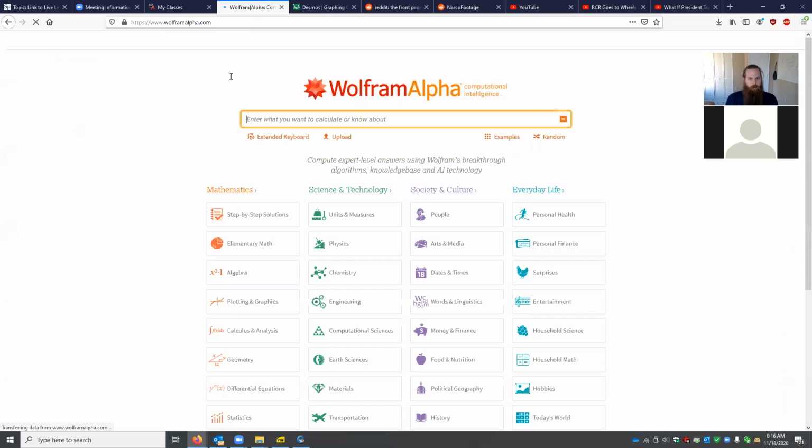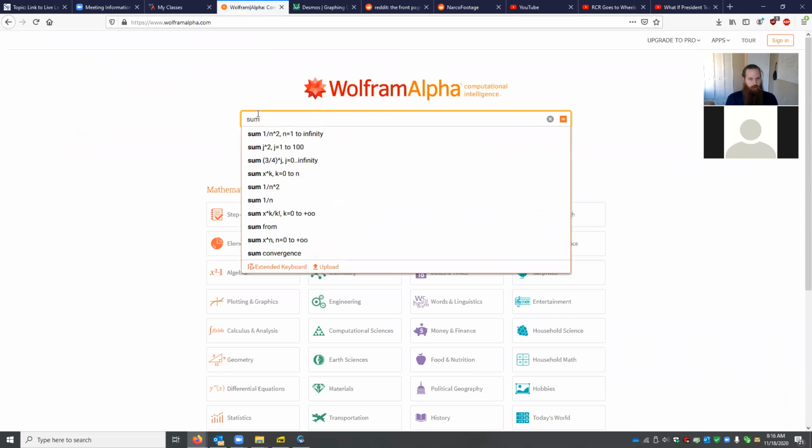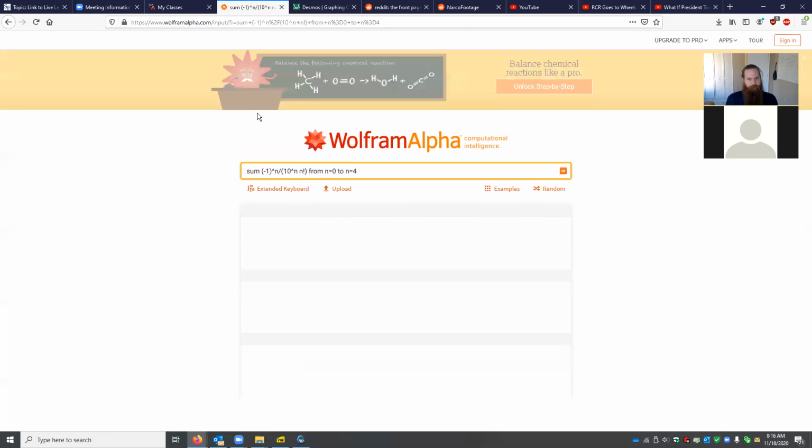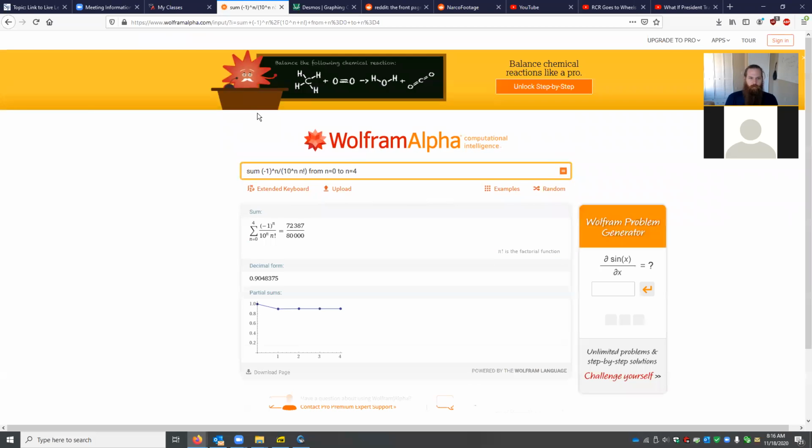It's a little better at these sums. So you can say I want to sum (-1)^n / (n^n times n factorial) from n equals 0 to n equals 4. Let me check and make sure it looks how it should. It does.